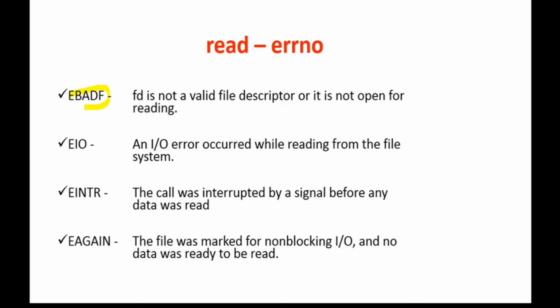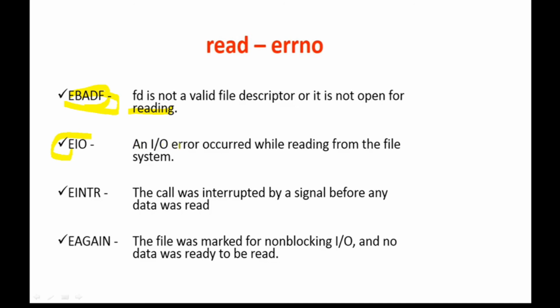The next is the read error numbers. The first one is EBADF: fd is not a valid file descriptor, or it is not open for reading. If you are trying to read a file which is not opened in read only mode, then this error will be returned. Then EIO is there, that is input output error.